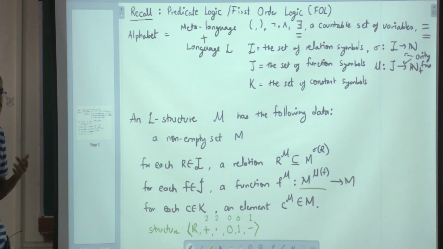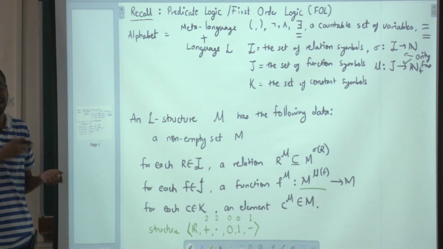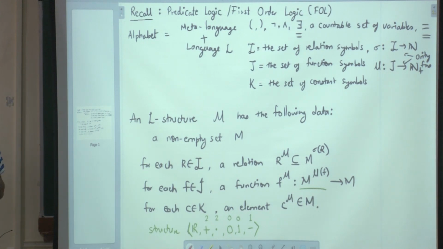So, how many subsets of M to the power 0 are possible? 2. One is empty and the other one is singleton. And empty and singleton are actually other names for false and true. So that is how propositional logic embeds inside first order logic.